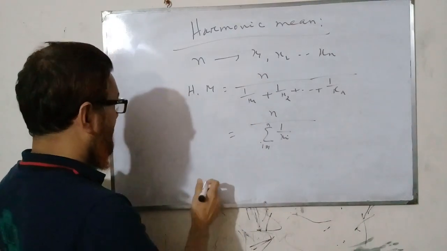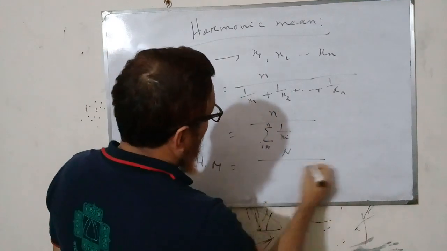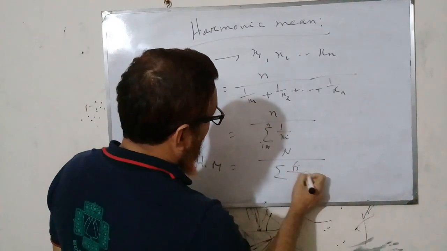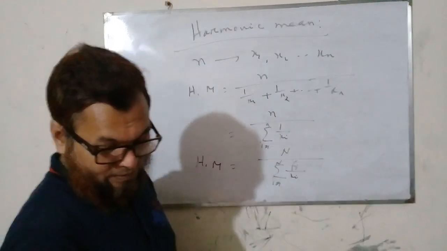This is for ungrouped data. For grouped data we can write HM equal to n divided by the summation of fi by xi, i equal to 1 to n.